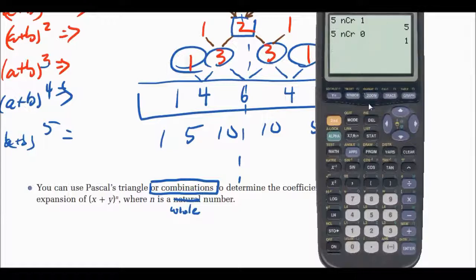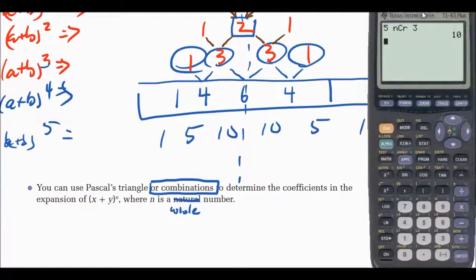Let's go up here. 5 choose 2. What do you got? 10. So we've got 0 is 1, 1 is 5, 2 is 10. What's 5 choose 3? Whoops, it's an error apparently. Oh, hit 3. It's 10. So we've got 1, 5, 10, 10.